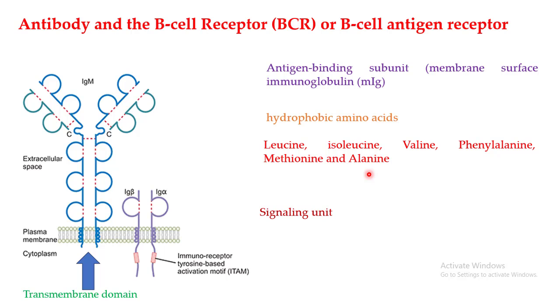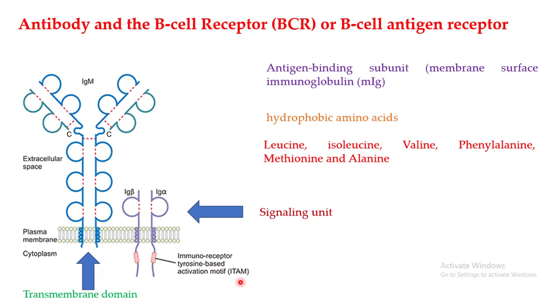The second subunit that you are going to see in the B cell antigen receptor, or the B cell receptor, is a signaling unit. And this is the signaling unit made up of the Ig alpha and the Ig beta. If you look at the Ig alpha and the Ig beta on the interior side of the B cell, you are going to see these immunoreceptor tyrosine based activation motifs.